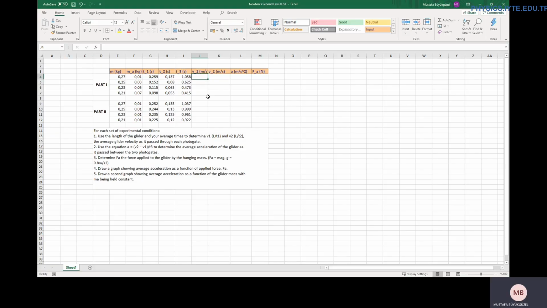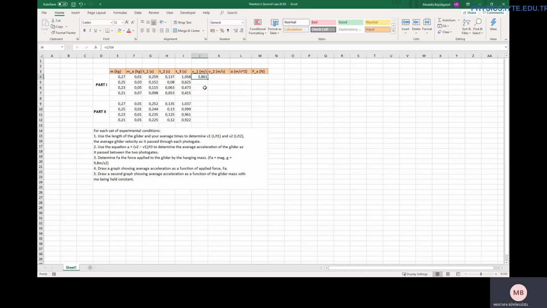Now I need to find velocities. In order to find velocities, what I'm going to do is divide the length of the glider by these time measurements. So for velocities at the first photogate, I will divide 0.1, which was the length of the glider, 0.1 meter, meaning 10 centimeters, by the first time measurement.